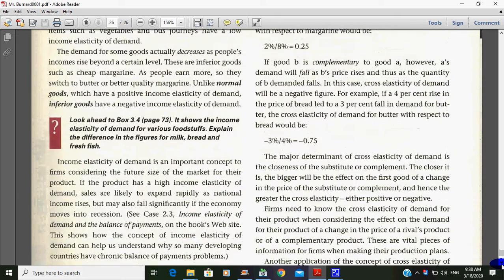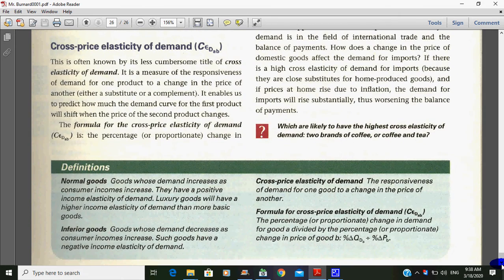Let's go back. Let's go to some terms that you know. So therefore, normal goods. You can pause the video, write this down. Normal goods are goods whose demand increases as consumer incomes increase. They have a positive income elasticity of demand. Right? Luxury goods will have a higher income elasticity of demand than more basic goods. Alright?